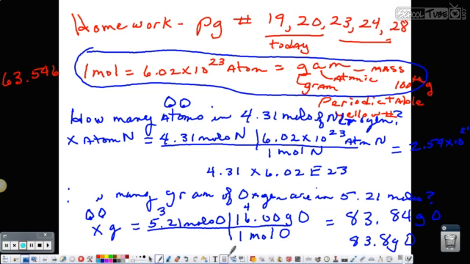I can't get my 24th in there. Alright, so I'll write it down again. 2.59 times 10 to the 24th what? Atoms, nitrogen.